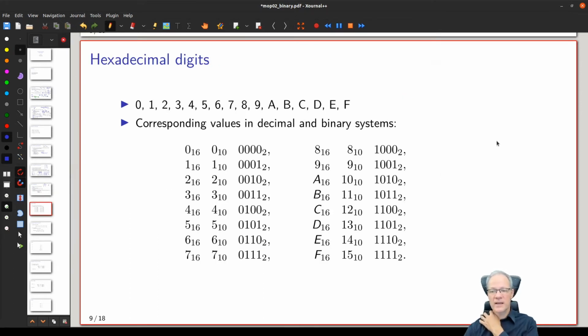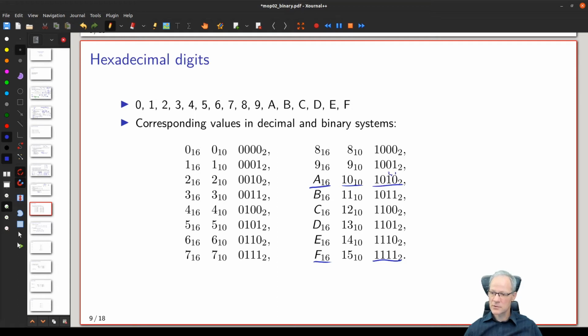Okay, so if we look at the hexadecimal system, here you have a table of all the digits starting from 0 till A, which is 10, and all the way down to 15, which is represented with F, right? In binary system, this is 1111. That's easy to remember. A is not so easy to remember, but we can always calculate using the powers of 2.